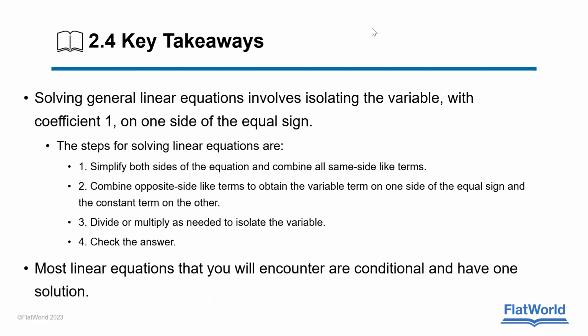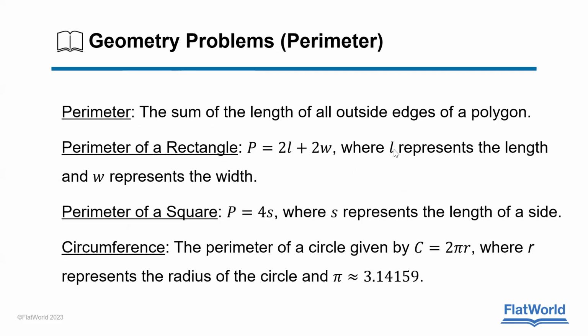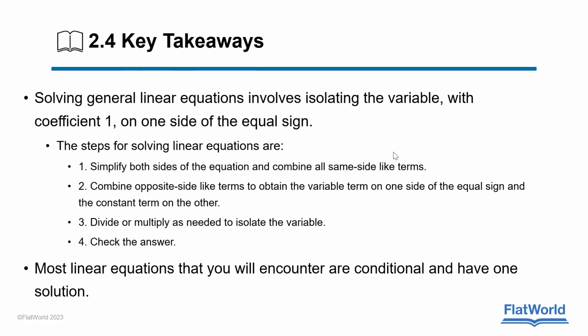All right. Key takeaway from the chapter is the general linear equation. I told you the coefficient is 1. On one side of the equal sign, simplify both sides of the equation, combine like terms on the same sides.